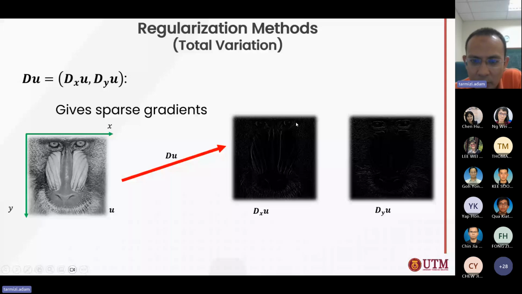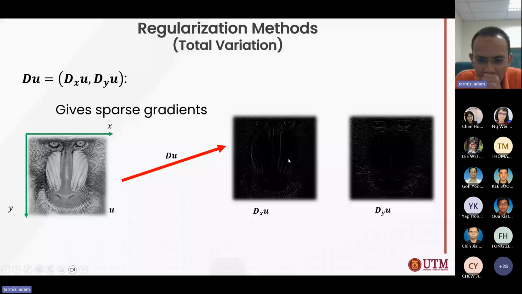So they are sparse. You have the black pixels and almost white pixels, and they're very sparse. This embodies the sparse gradients of an image, and that is what we use as prior knowledge, and that is why we use the first order TV regularizer.